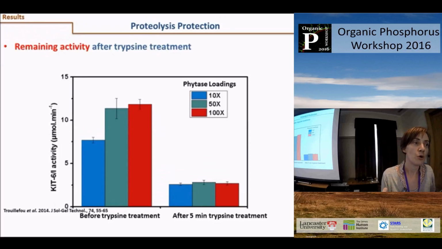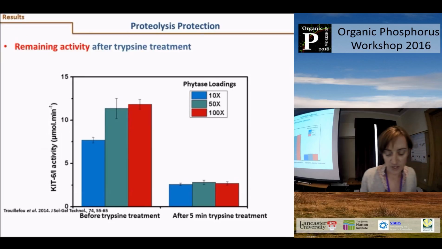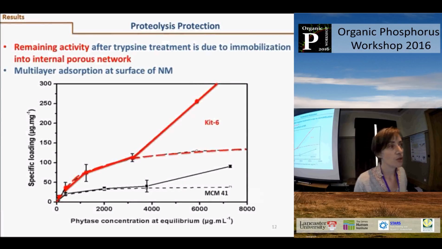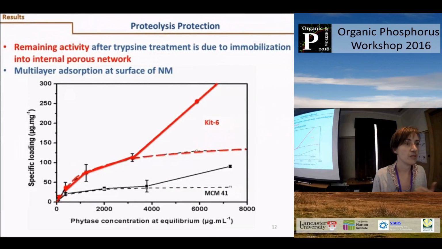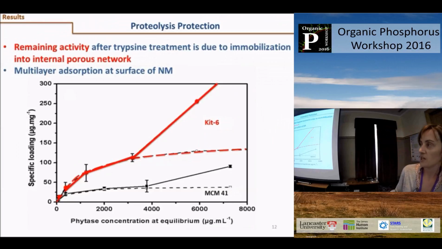But trypsin is a small protein which can penetrate into the porosity, so the phytase inside the pores is also degraded. But due to the connectivity and the penetration of the phytase, there is still a remaining active phytase activity, which is mostly the same for the different loadings of enzyme. So the hypothesis that there are two kinds of phytase adsorption in the nanomaterial is confirmed by this result.